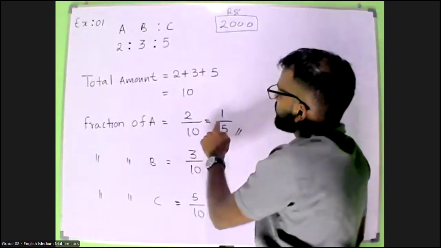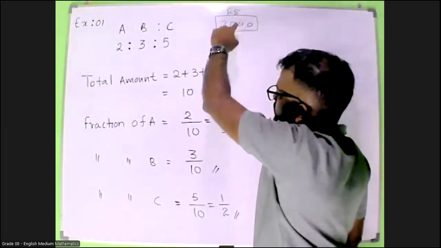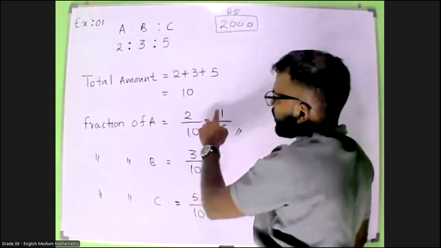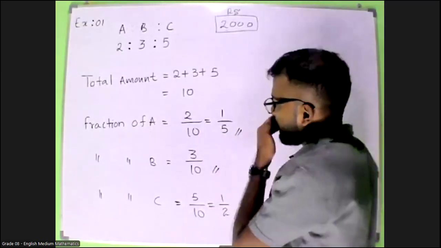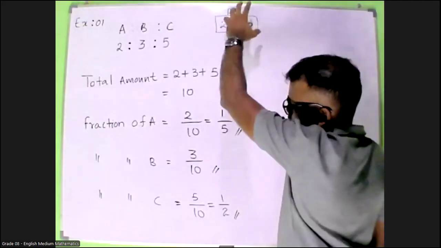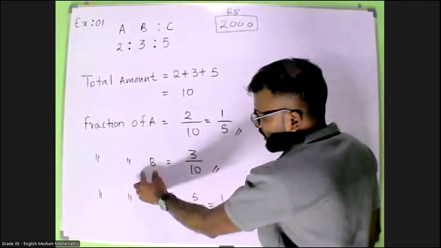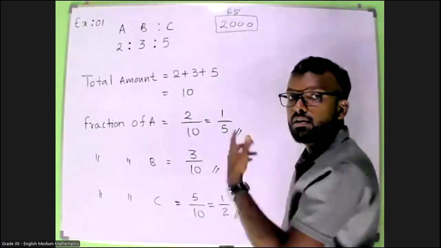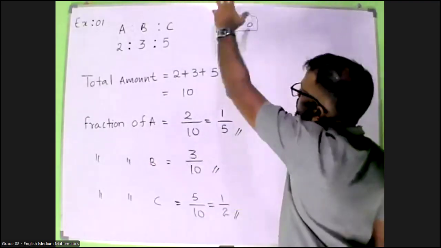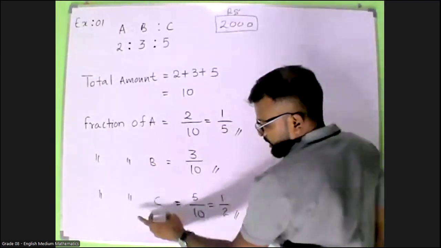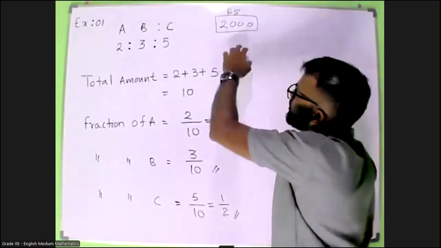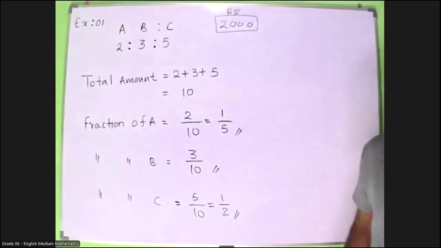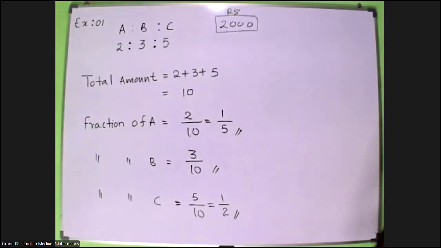From this total 2000 rupees, A received a 1 upon 5 share, B received 3 upon 10, and C received 5 upon 10. That is what they are asking from you.